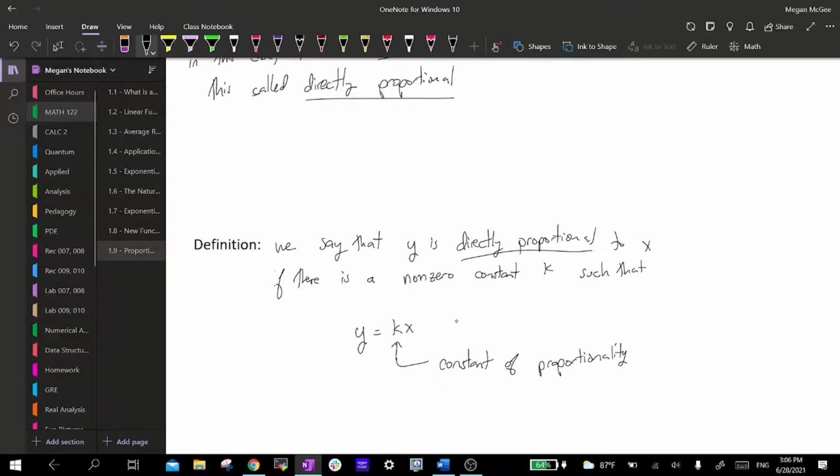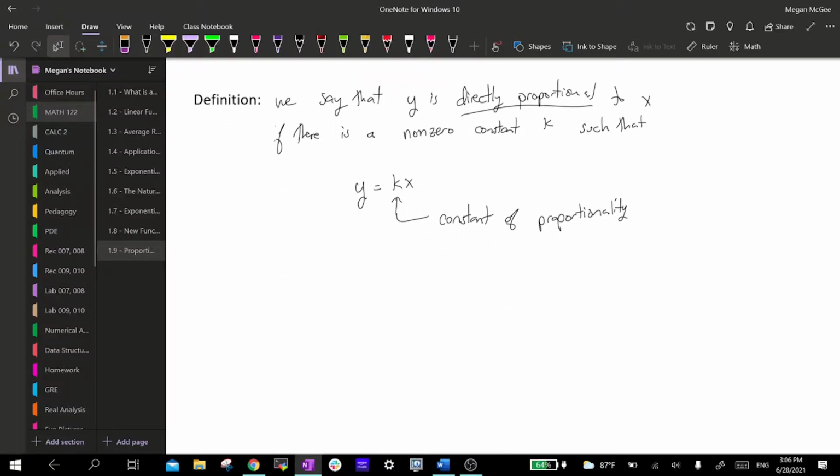So I mentioned earlier that we have different kinds of proportionality. So that was directly proportional. And we also have inversely proportional.